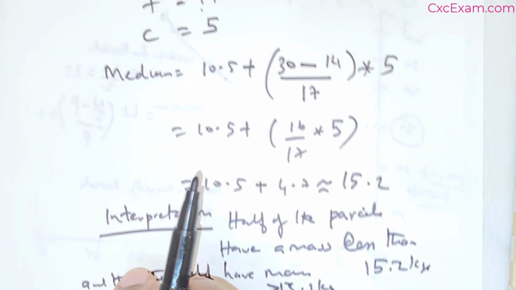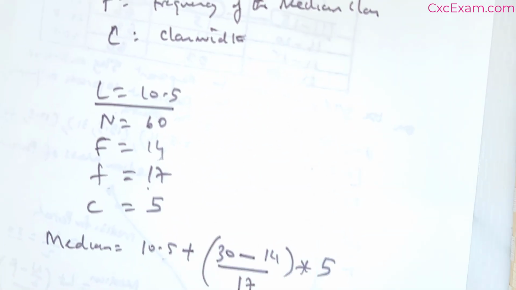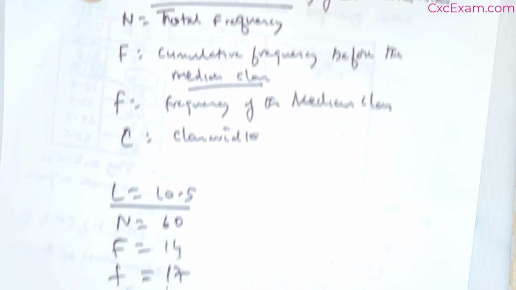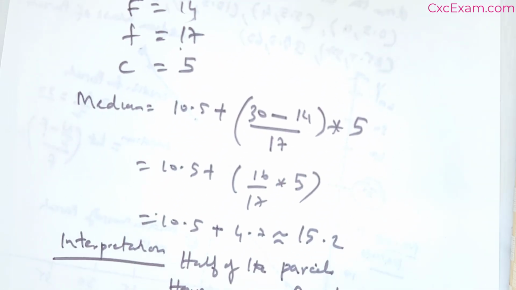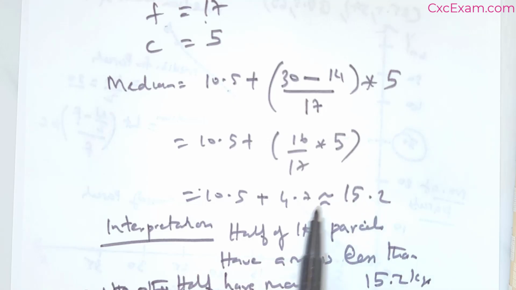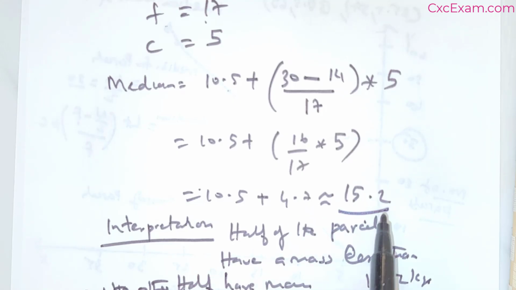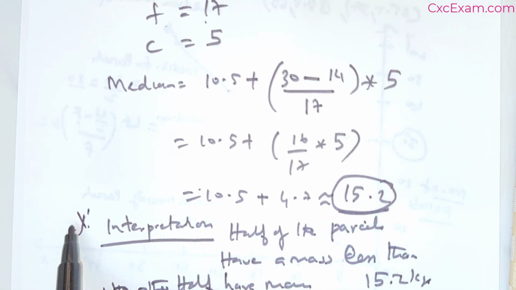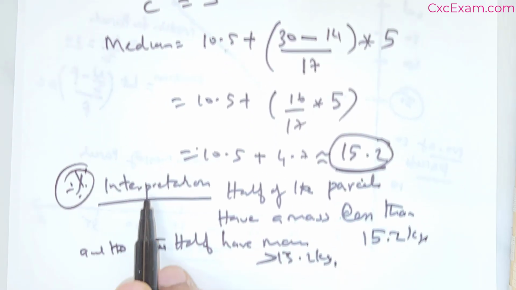Now you don't have to do all these things for your exam, right? This is just the mathematical way to ascertain whether what we are doing is correct or not, because 15.2 is an approximate value and that would agree with the value that you get from the graph. But this interpretation is important.